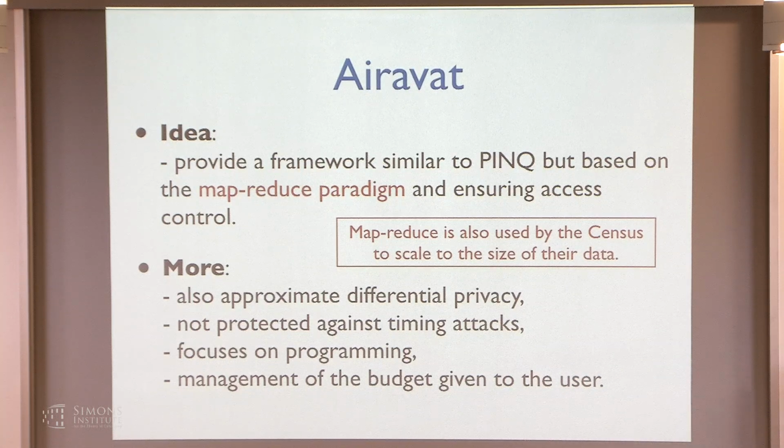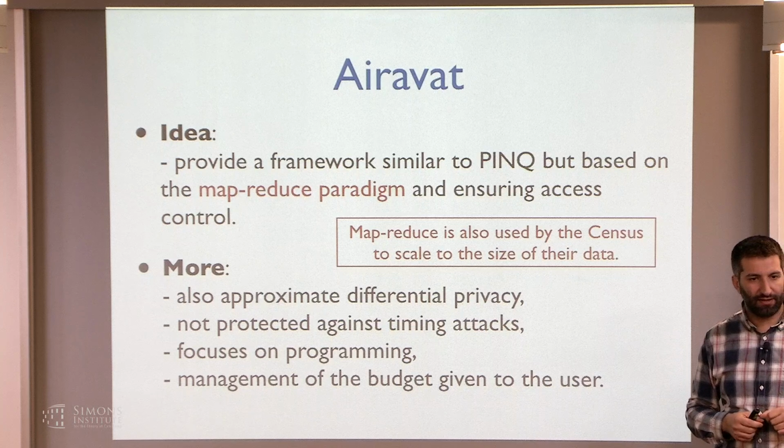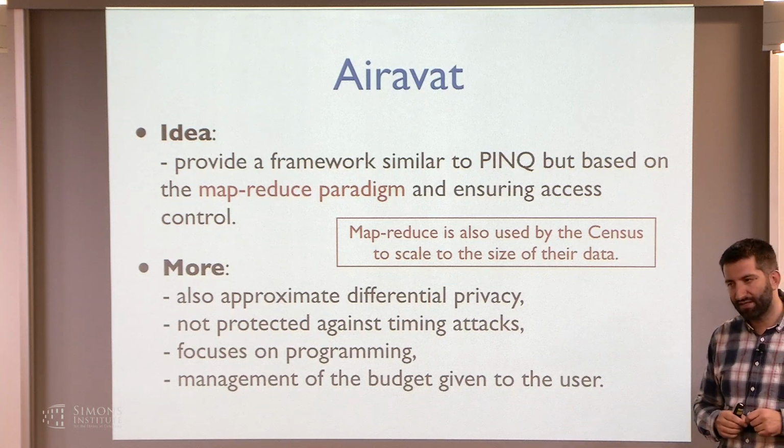So this issue with timing attacks, isn't that also an issue that Pink has? So we need to distinguish, I think, two kinds of timing attack. The high-level timing attack, like trying to bake in a program that just, let's say, waits 5 minutes if Cody is in the database, and otherwise gives right away the answer.